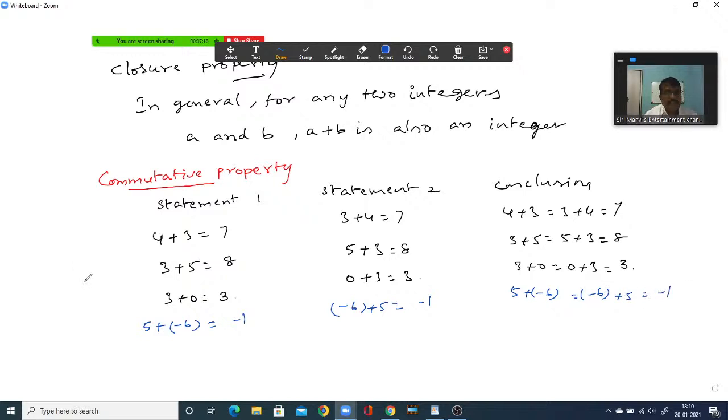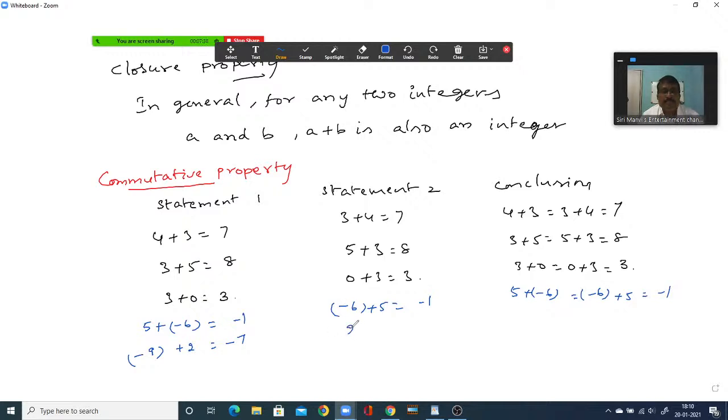Same value. Next, minus 9 plus 2. Forget the minus sign on 9. First you have to do 9 minus 2, which is 7. Then the bigger number has the minus sign, so the result is a negative number.